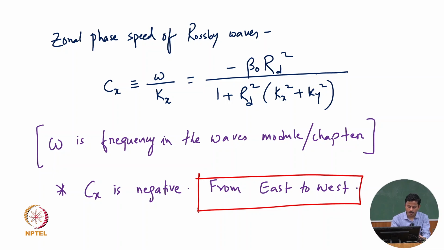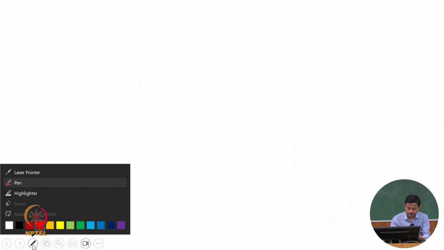Now, meridional wave speed. Meridional meaning along longitude.